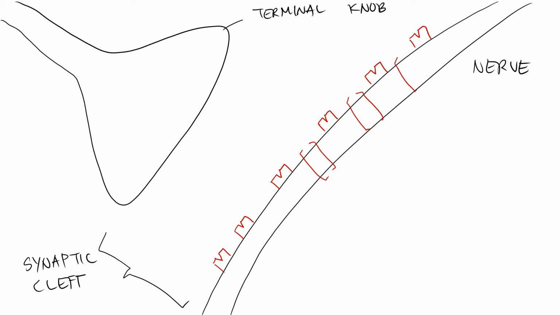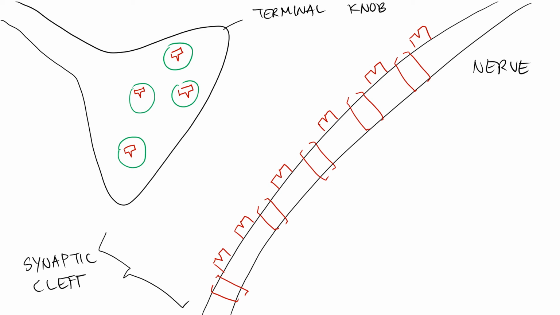So these are your voltage gated sodium channels, and then in your terminal knobs you have vesicles containing substances that are called neurotransmitters.